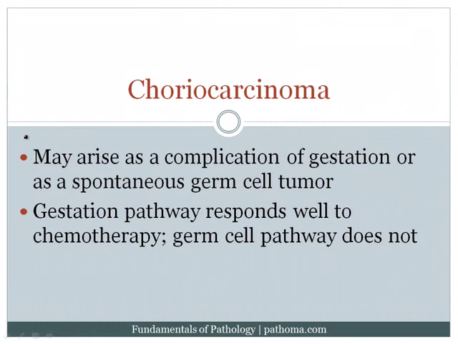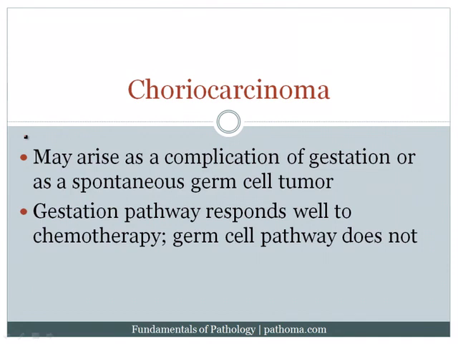Now, it's important to note that if you put together the discussions that we've had in this chapter, you'll recall two pathways to choriocarcinoma. Remember that one of the subtypes of germ cell tumor was a choriocarcinoma. That choriocarcinoma has nothing to do with gestation. It did not arise in a background of, for example, a mole and a patient being pregnant or thinking that they were pregnant. So that is one way to get a choriocarcinoma, as a spontaneous germ cell tumor.